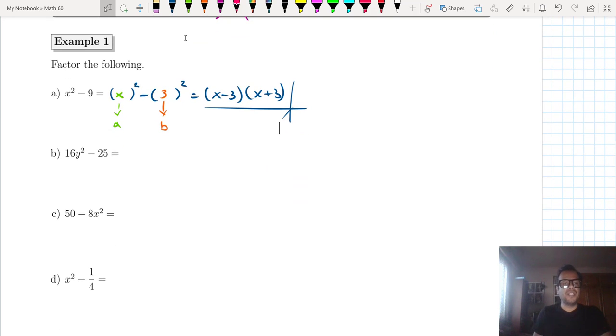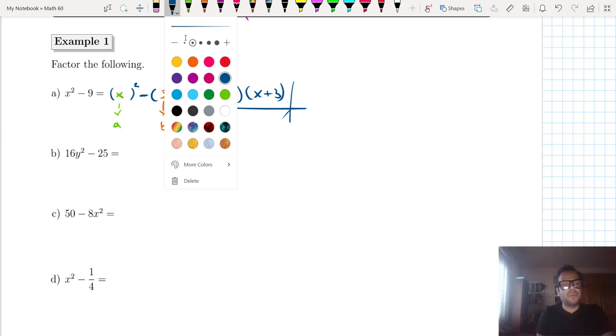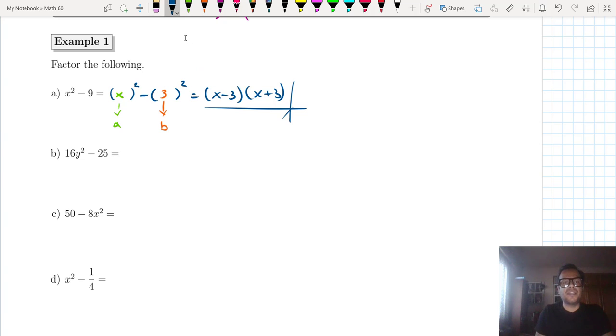Let's do the same thing for letter B. Notice both quantities here are perfect squares, the number 16 and the number 25 as well. Can we rewrite this as some quantity squared minus some quantity squared? Let's find out. What quantity squared would give us 16y squared? I would say 4y. What quantity squared would give us 25? I would say 5.